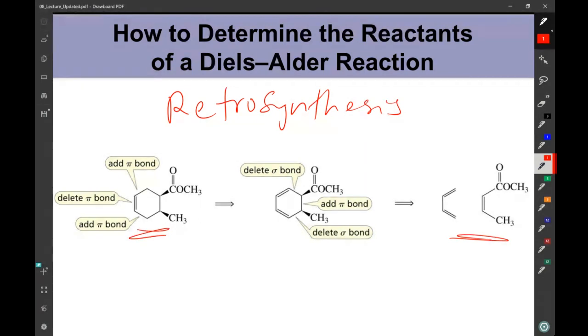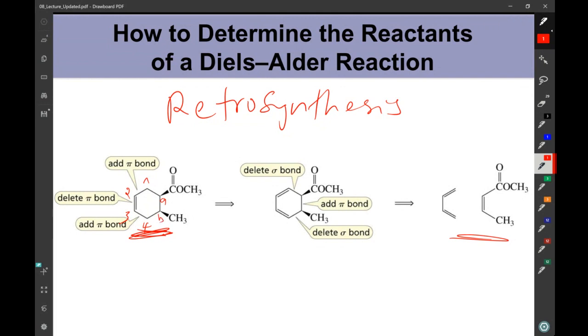You remember, in the Diels-Alder reaction, the double bond is always formed between carbon 2 and carbon 3. Carbon 2 is always connected to carbon 1 and carbon 3 is always connected to carbon 4. As a rule of thumb in this class, carbon 1 will be connected to A and carbon 4 will be connected to B.